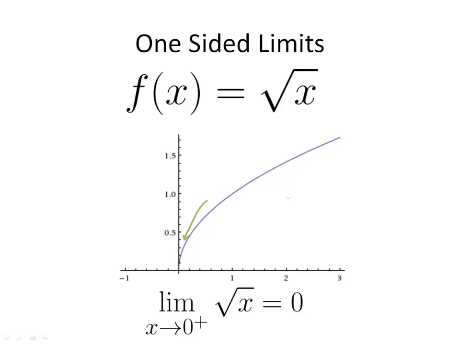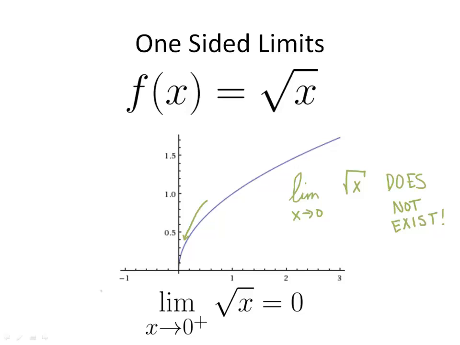Therefore, the limit as x approaches 0 of square root of x does not exist, because you can't approach it from the left side.